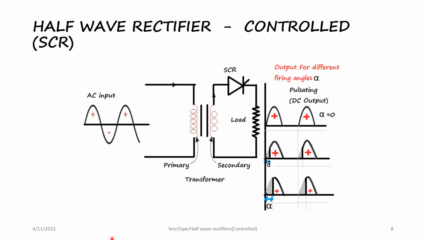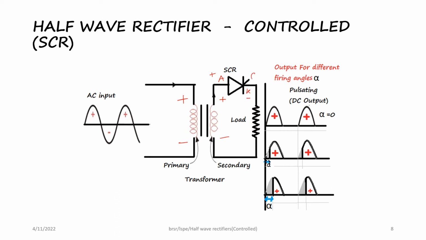This circuit is similar to the uncontrolled rectifier, but the only difference is that here we have the SCR. During the positive half cycle, the primary will have positive and negative as shown. The secondary will also have positive and negative as shown. Now the SCR will have positive at the anode and negative at the cathode.